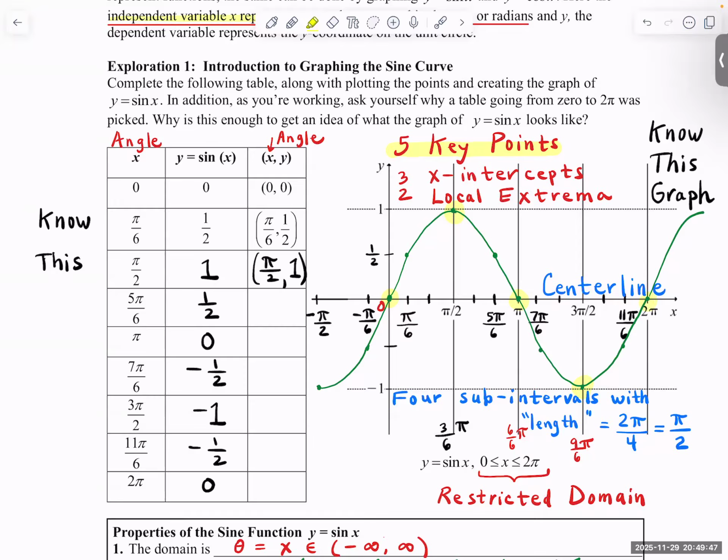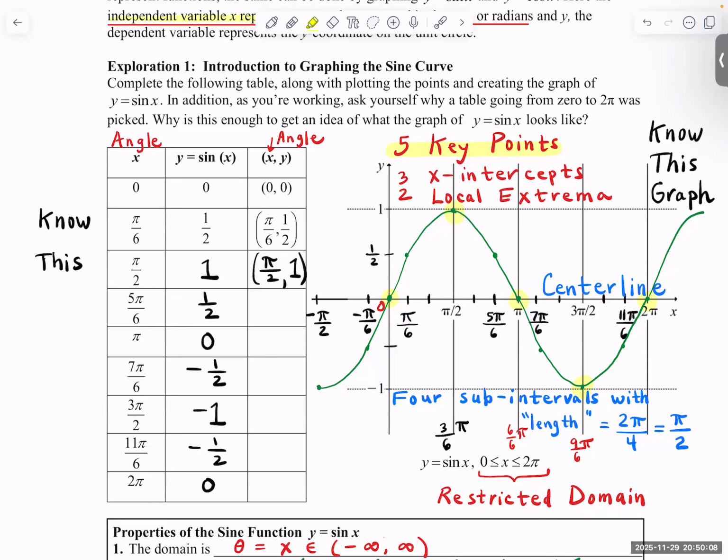And the 5th key point is the endpoint at 2 pi, 0. As you see, there are 3 x-intercepts on the x-axis, and there are 2 local extrema, a local max and a local min.